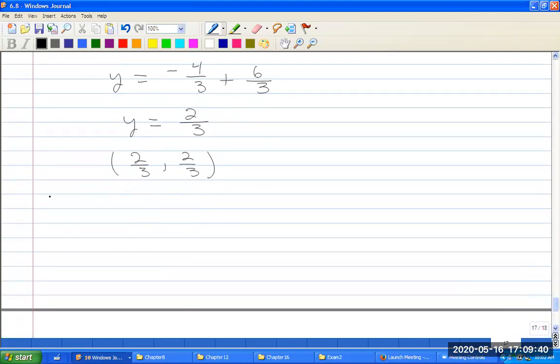So let's determine the value of p at each vertex, at each of these corner points, at each vertex of your simplex.